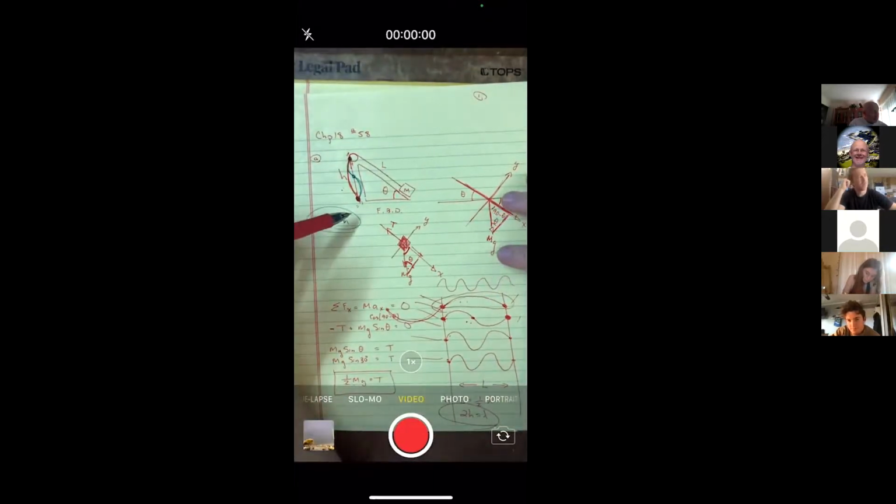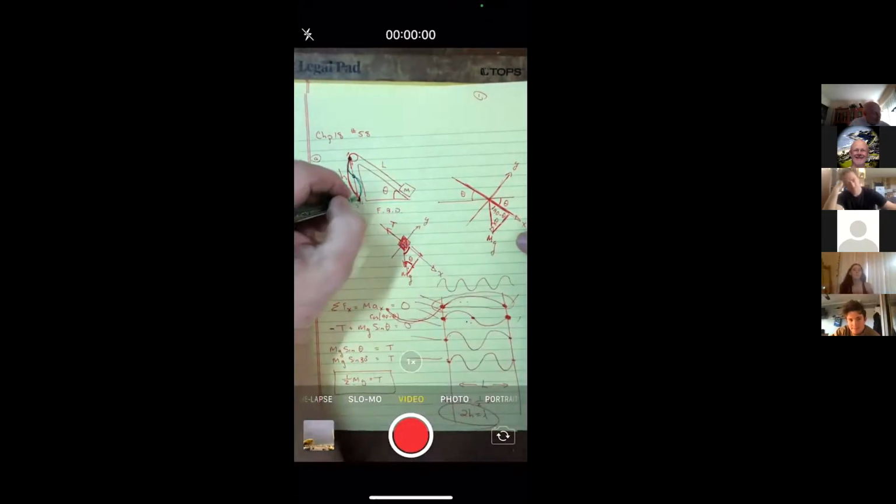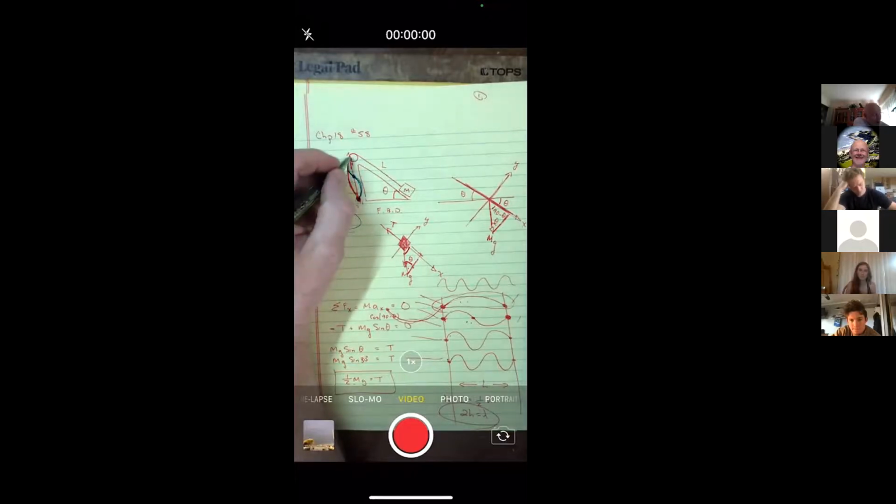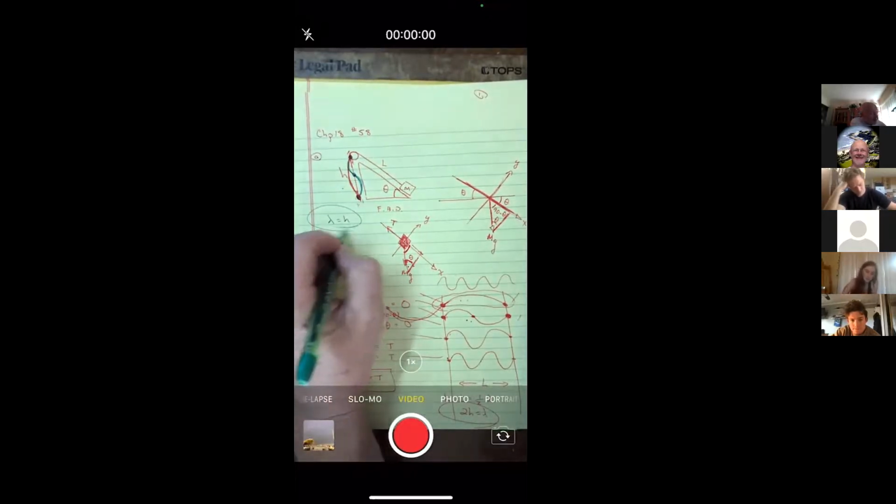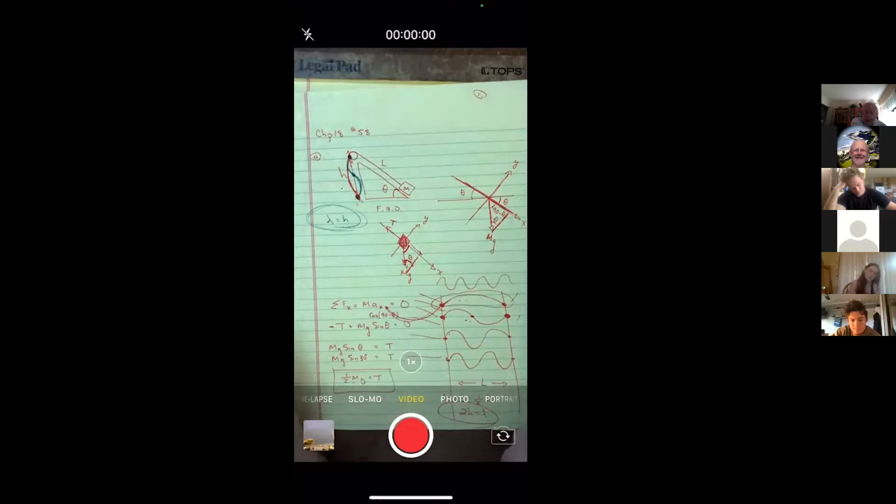If I drew one with 3, where's my green pen here? It would arch out, have a node in the middle, and go back. So there'd be a node at the top and the bottom and one in the middle. So there's my 3. And that would be a whole wavelength. And so the wavelength would just equal h.